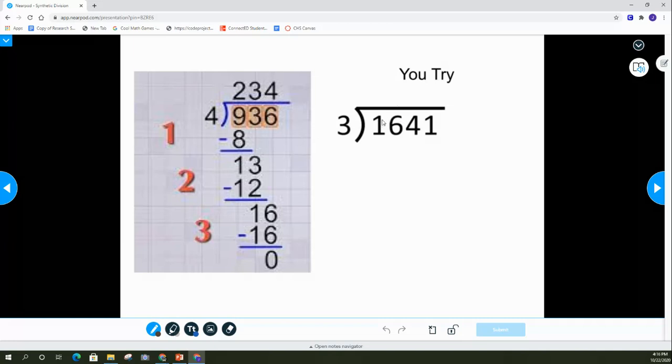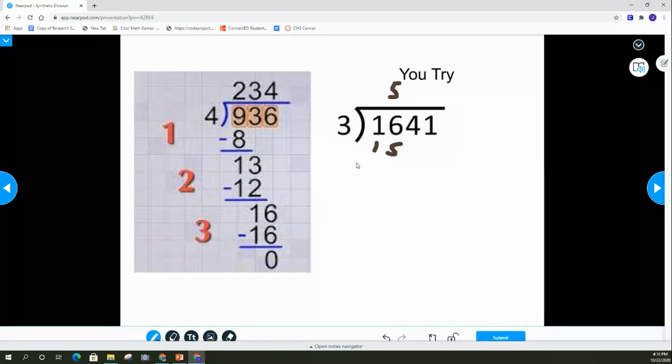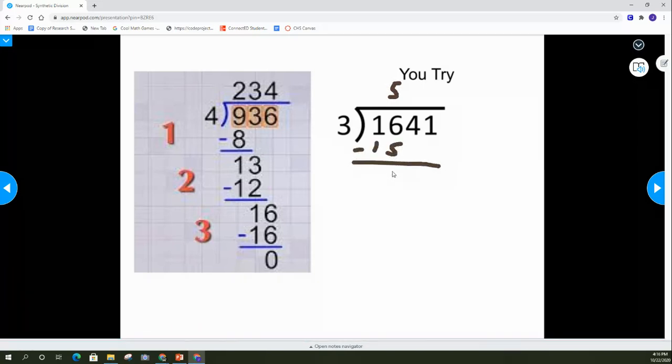You are going to try this one right here, so pause the video and try it on your own. 3 goes into 16 5 times. 3 times 5 is 15. And we subtract. 16 minus 15 is 1.